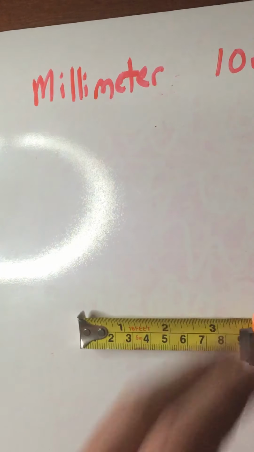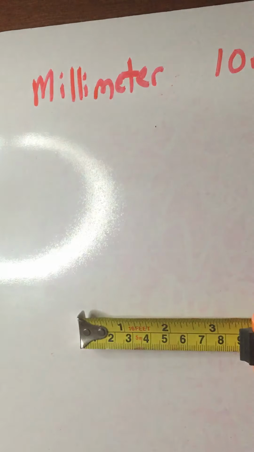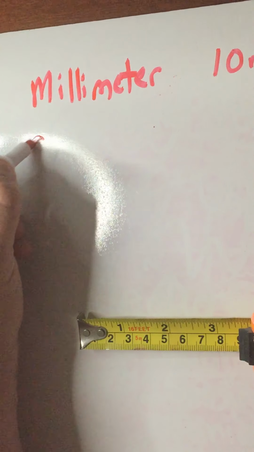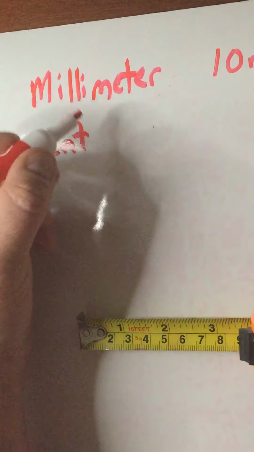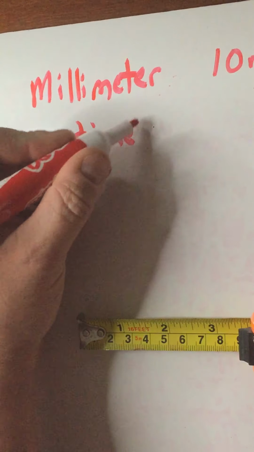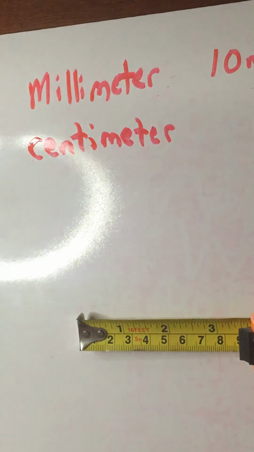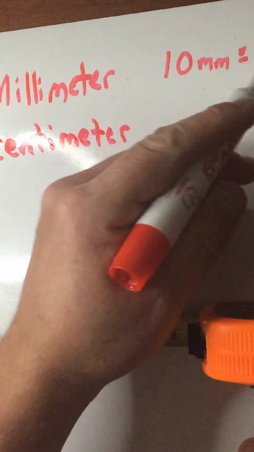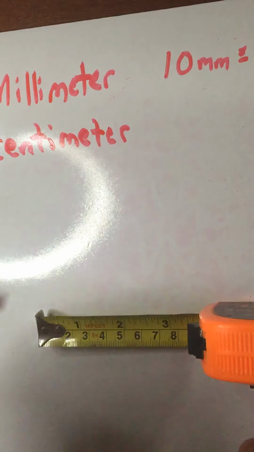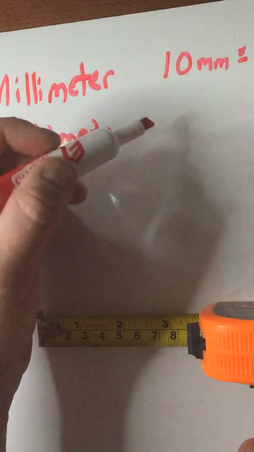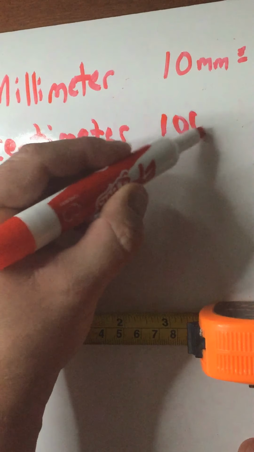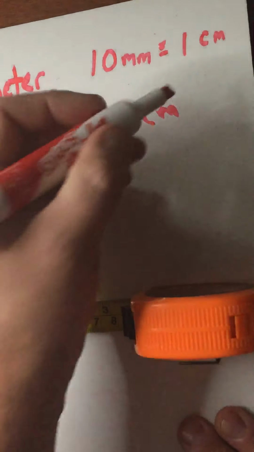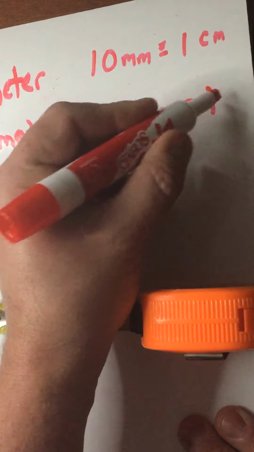Now, the neat thing is, you'll notice that the system is all based on tens. It's pretty easy. The next thing it goes up to is centimeters. With a centimeter, after we have 10 millimeters, we go up to 1 centimeter. And it takes 100 centimeters to equal 1 meter.